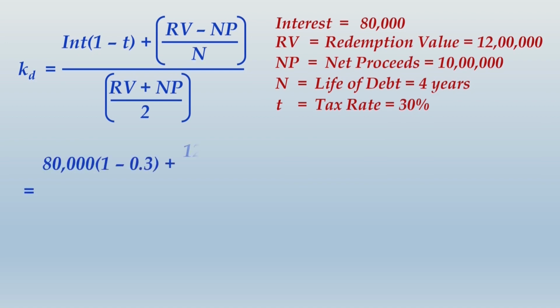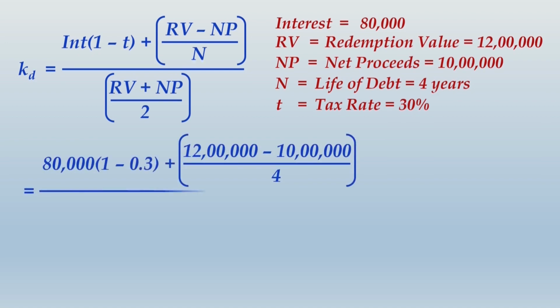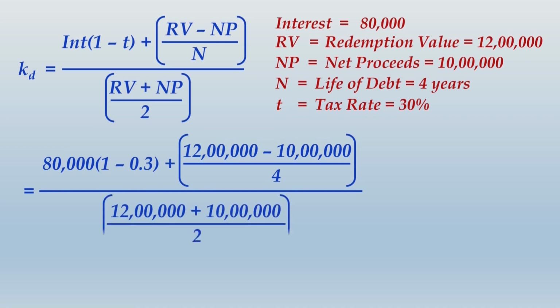And let us now put up the values. So can you notice that 1 minus tax rate has been applied only to 80,000. Logically that should have been applied to the whole component of cost. That is what I am mentioning, that this is not a right version of the formula.